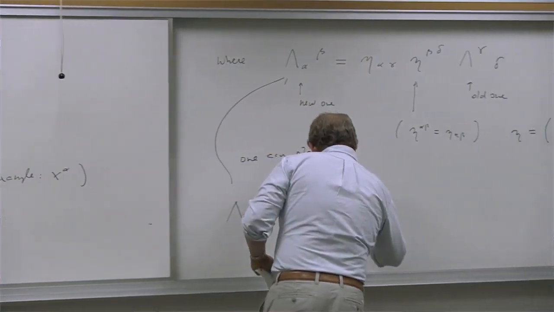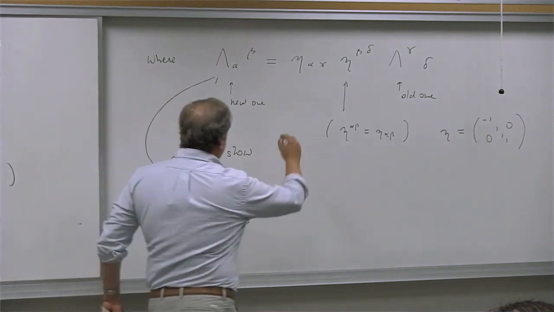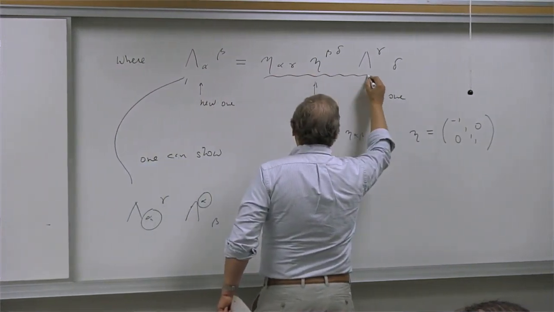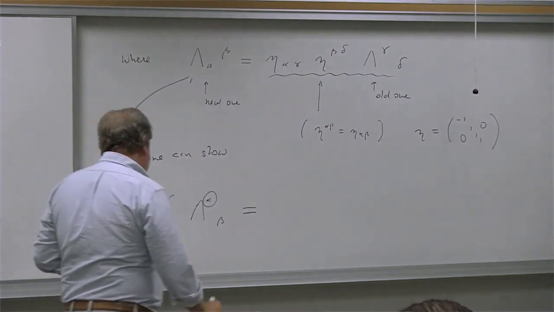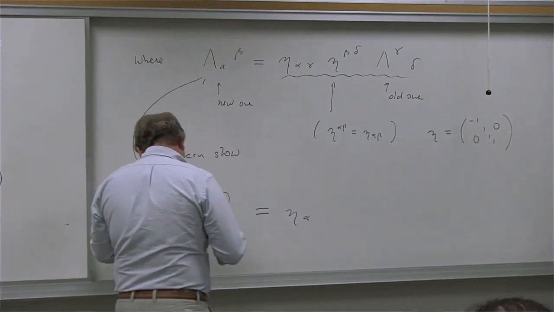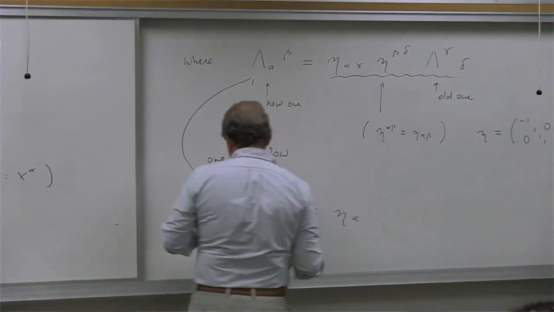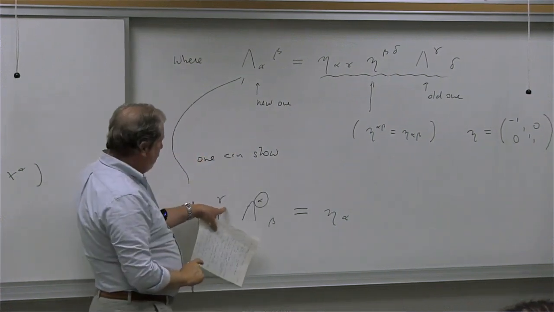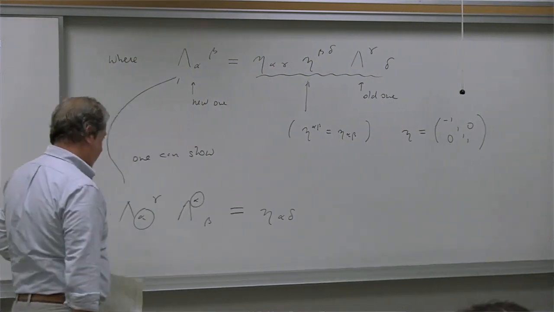So now we can simplify this expression because we can use what we have here, right? So this is going to be eta alpha gamma. And, well, we cannot use gamma because the gamma has already been used here. So there's going to be a dummy index which we give a new name called delta.